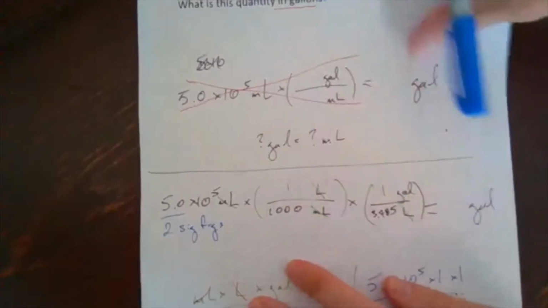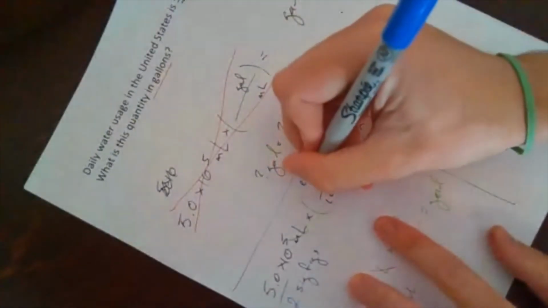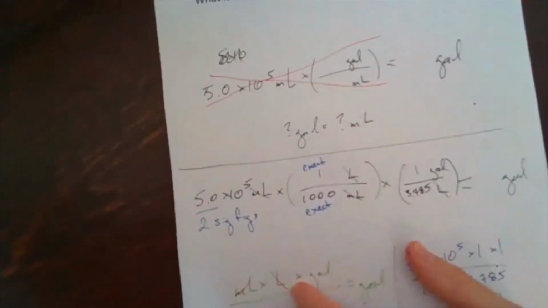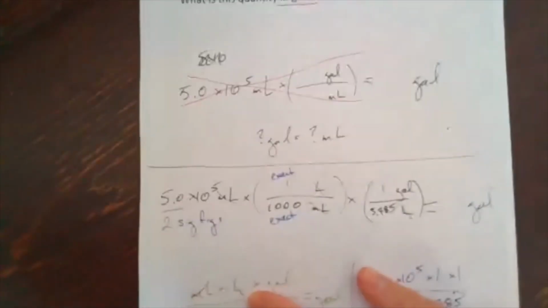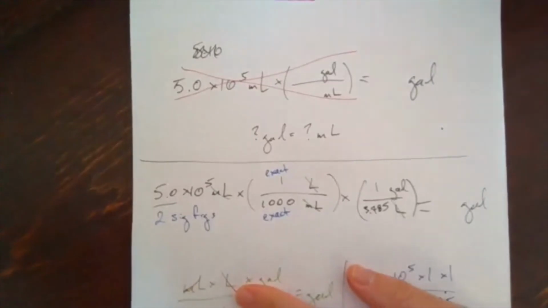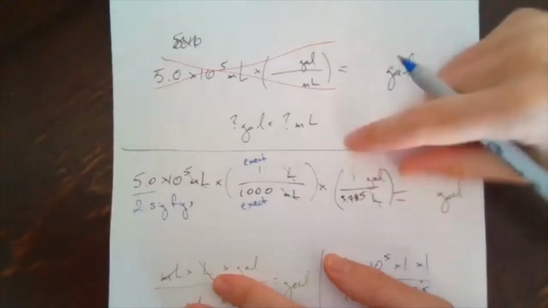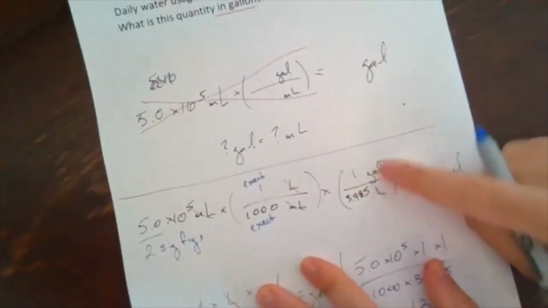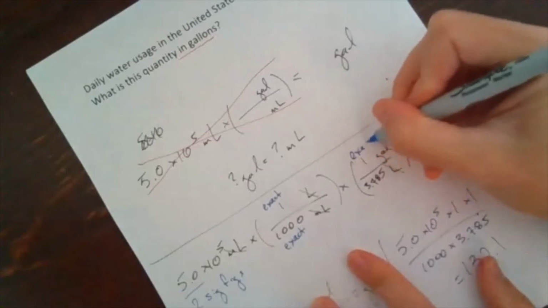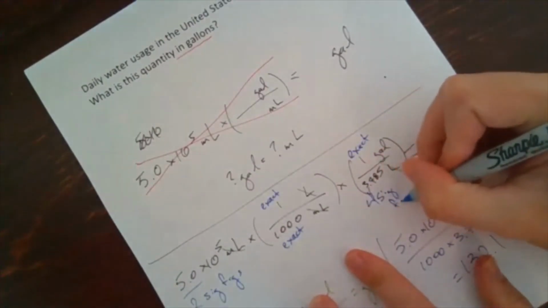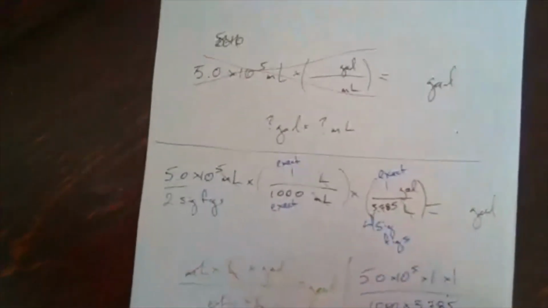This is a definition, so they are both exact. Metric to metric, customary to customary: if you're not changing the system, then they are both going to be exact. Here, between customary and metric, the 1 is always exact. That is not. That is 4 sig figs. So the measured value.